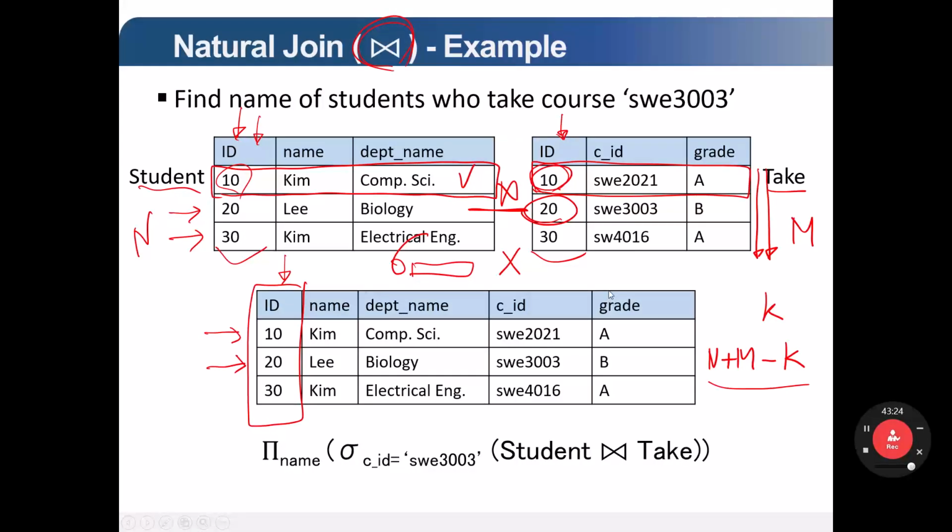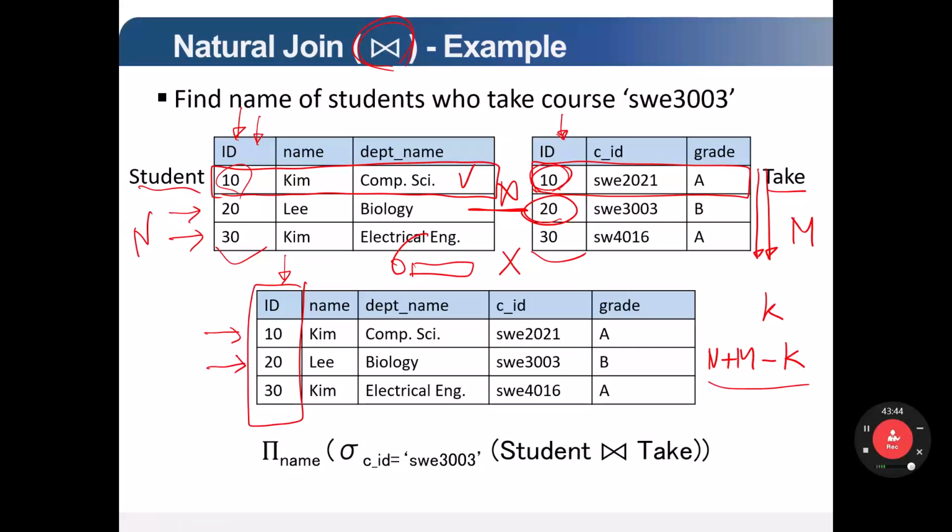Is it clear? Any questions? K is the number of common attributes. So in this particular example, we have only one single common attribute on both sides. So k will be 1.